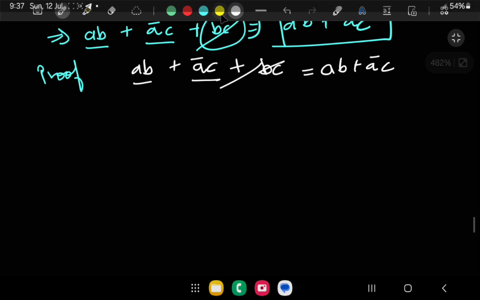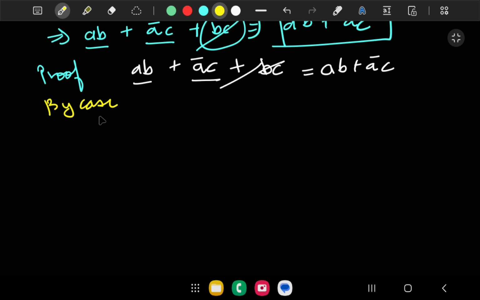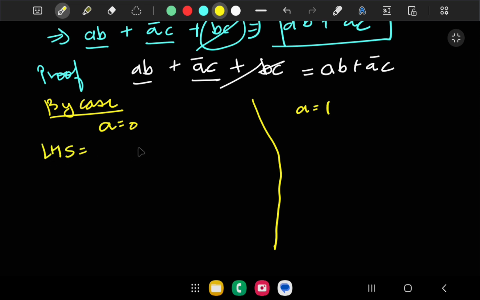So by case proof, only two cases are possible again. A will be 0, A will be 1. If A equals 0, then LHS will be, if A is 0, this will be 0.